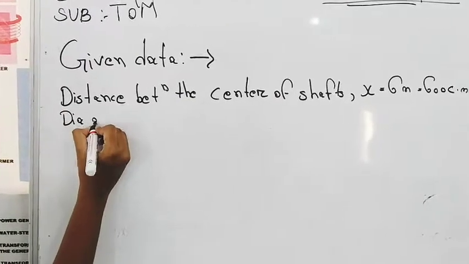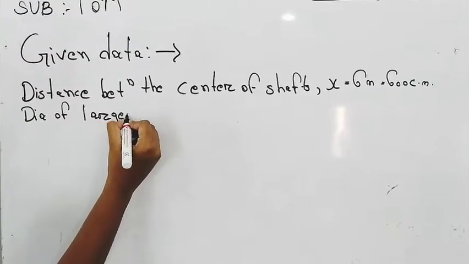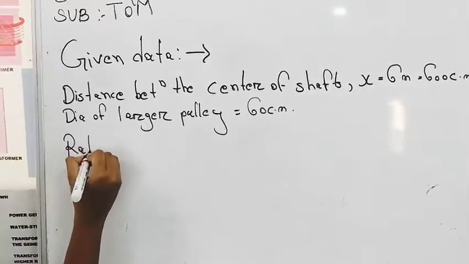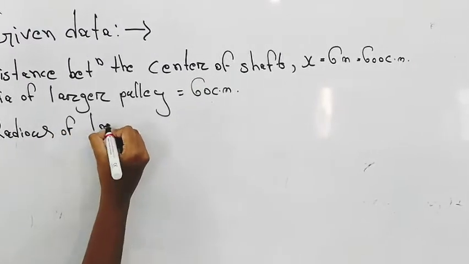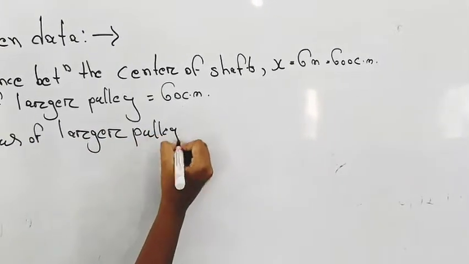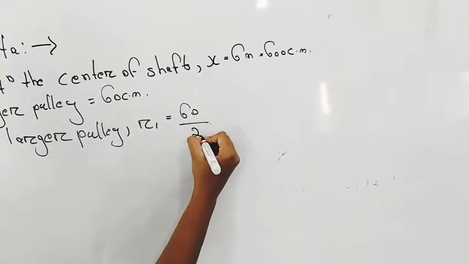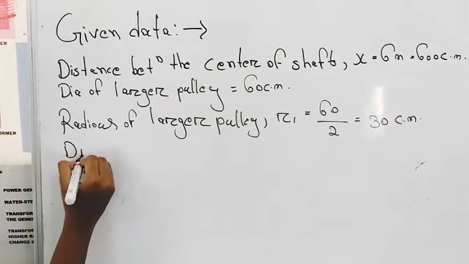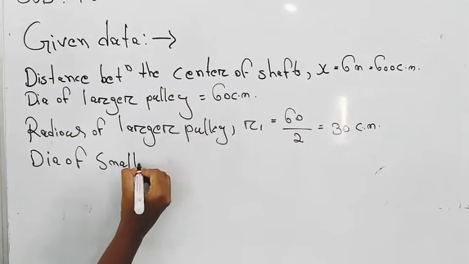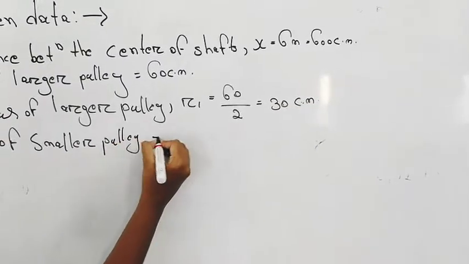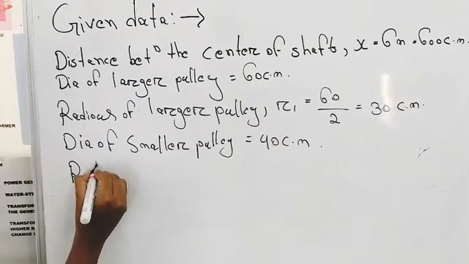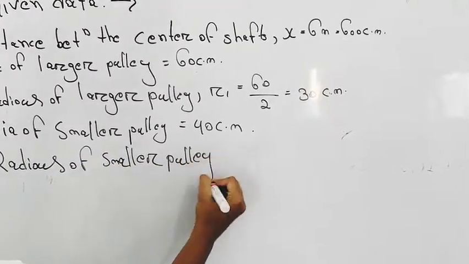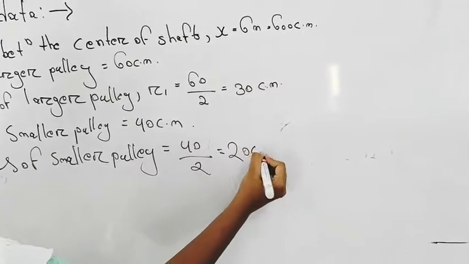Diameter of the larger pulley is 60 cm, so the radius of the larger pulley, r1, is 60 by 2, which is 30 cm. Diameter of the smaller pulley is 40 cm, so the radius of the smaller pulley is 40 by 2, which is 20 cm.